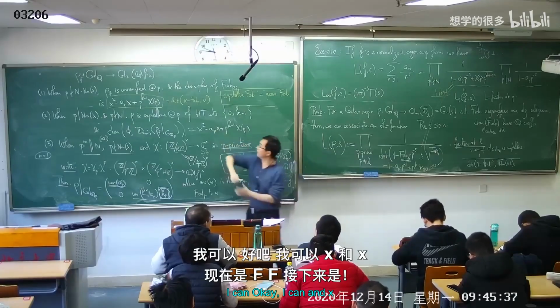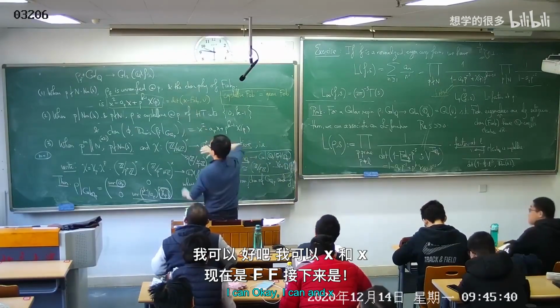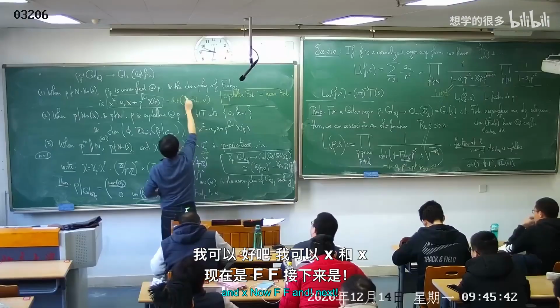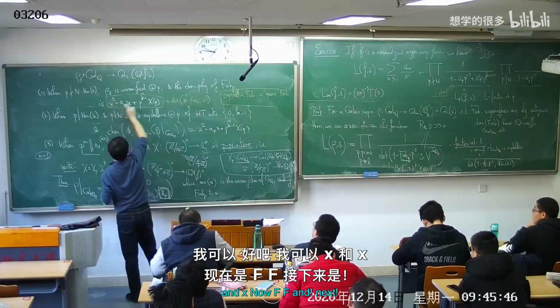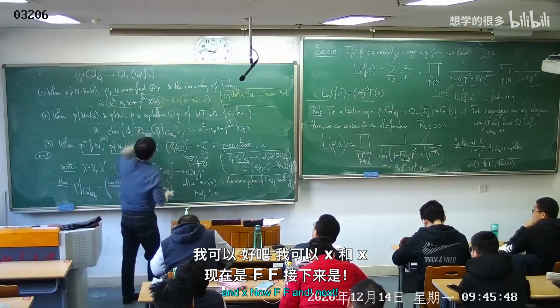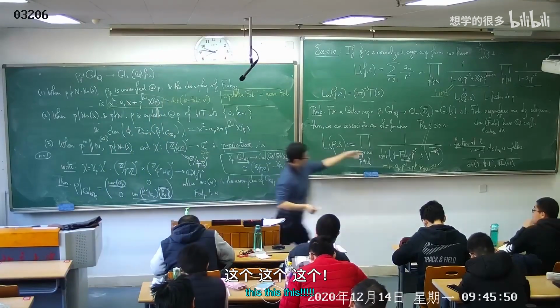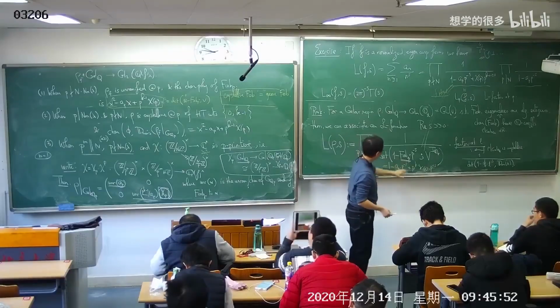Remember the x is here, and I can take this to be 1, and x becomes 1 and x squared. Now you plug in x equals P to the negative S, and that's what you have here. So this factor is precisely the factor over there.